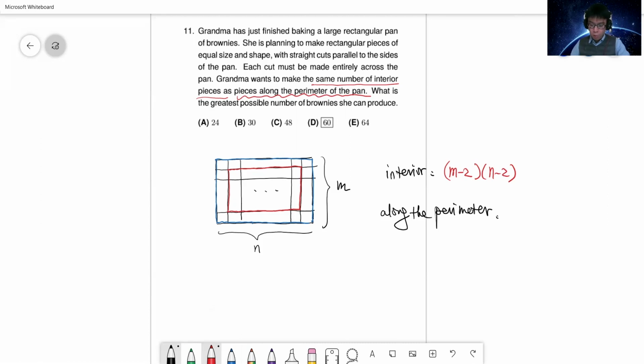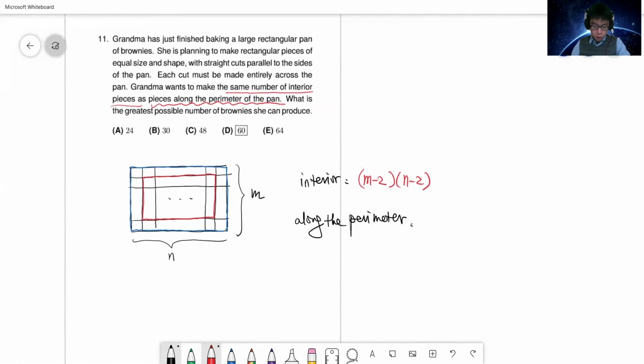Along the perimeter, the number of pieces equals 2m plus 2n minus 4. 2m means these two lines, we have 2m. So the other two sides, we get n minus 2 times 2. So the number here is 2m plus 2n minus 4.